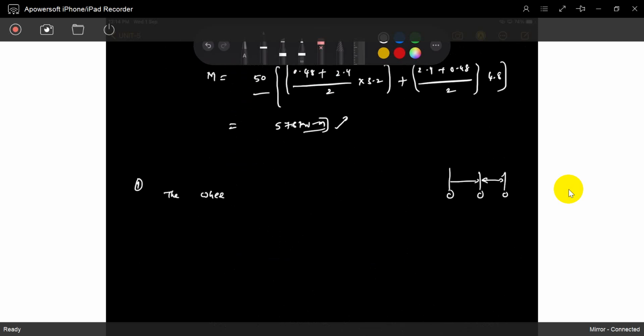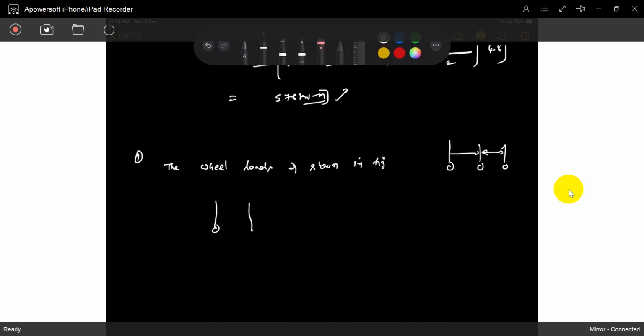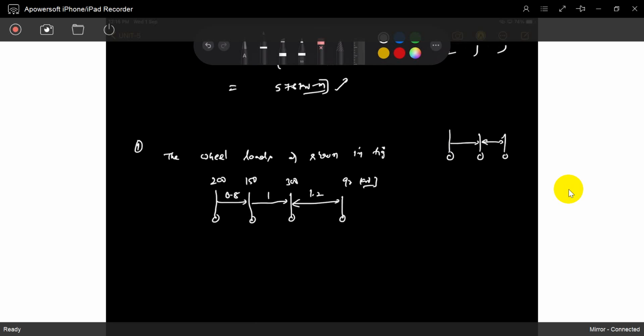Point loads as shown in the figure, with spacings 1.2 and 0.8, and loads 200, 150, 300, 90 kilonewtons, rolling over a beam of span 10 meters.